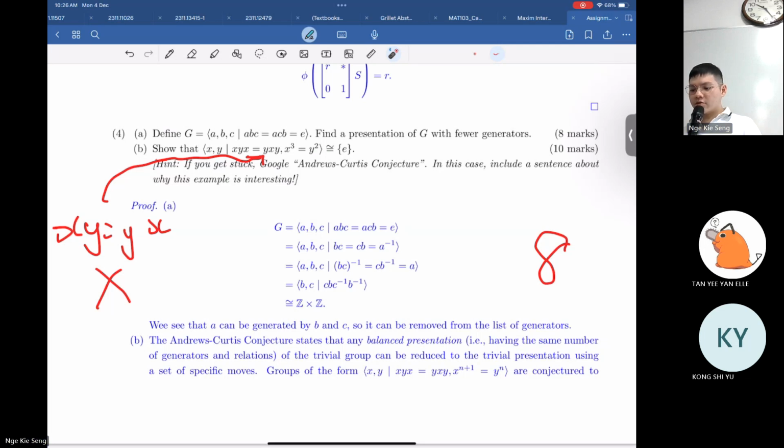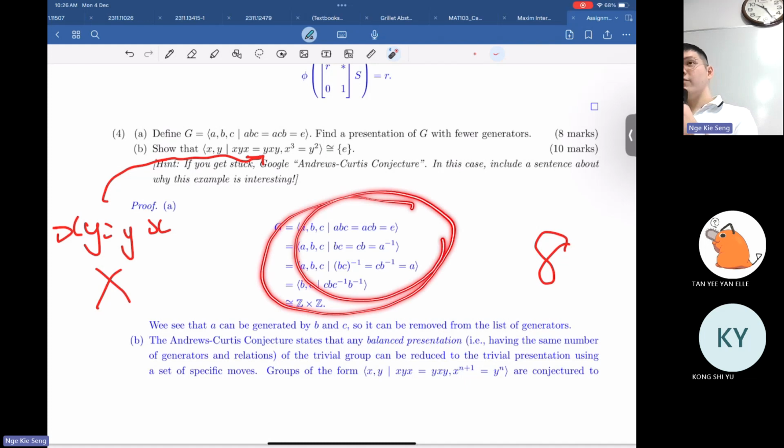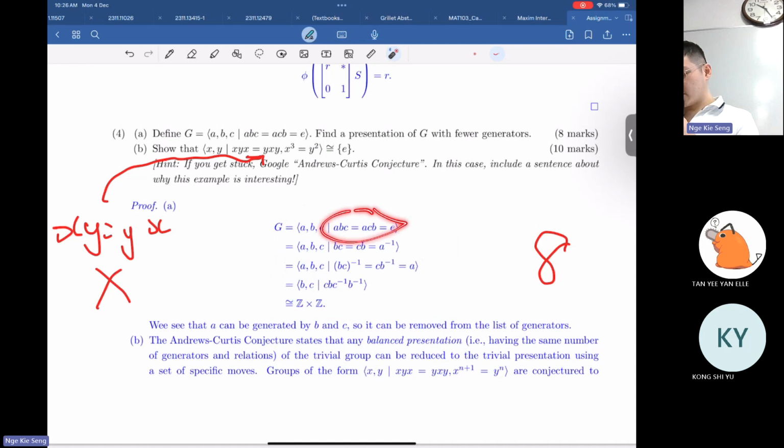Through the discussion just now, Ming Xiu has some doubt on the validity of writing this equality here, correct? Can we just replace this relation like this? What are we actually doing?